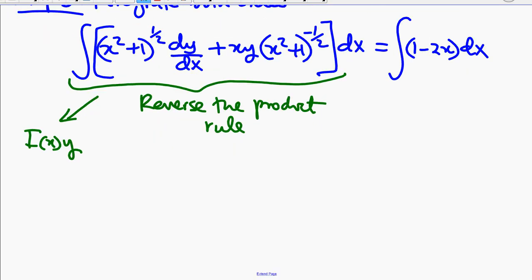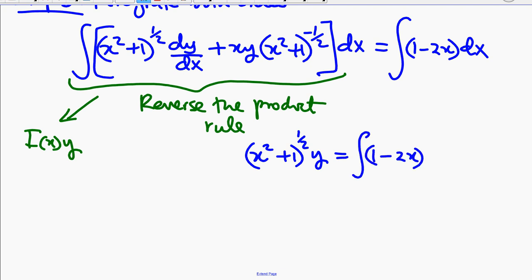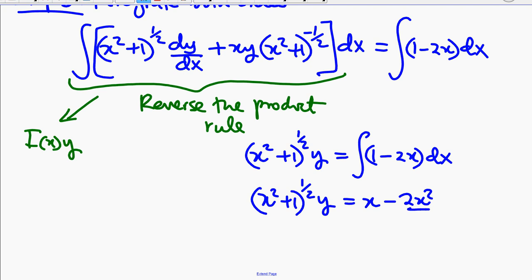So that will be x squared plus 1 to power a half y, which will be equal to the integral of 1 minus 2x dx. And this will give us x squared plus 1 to power a half y equal to x minus 2x squared over 2 plus c.